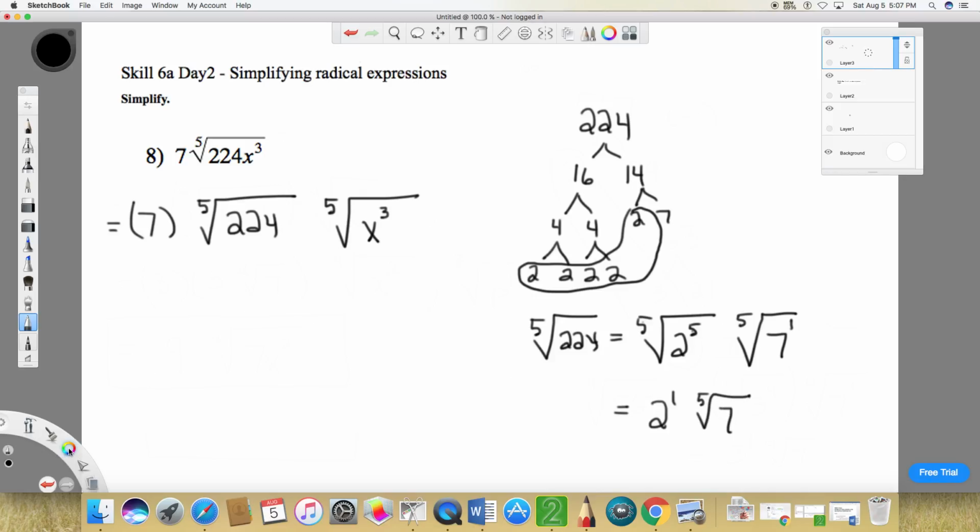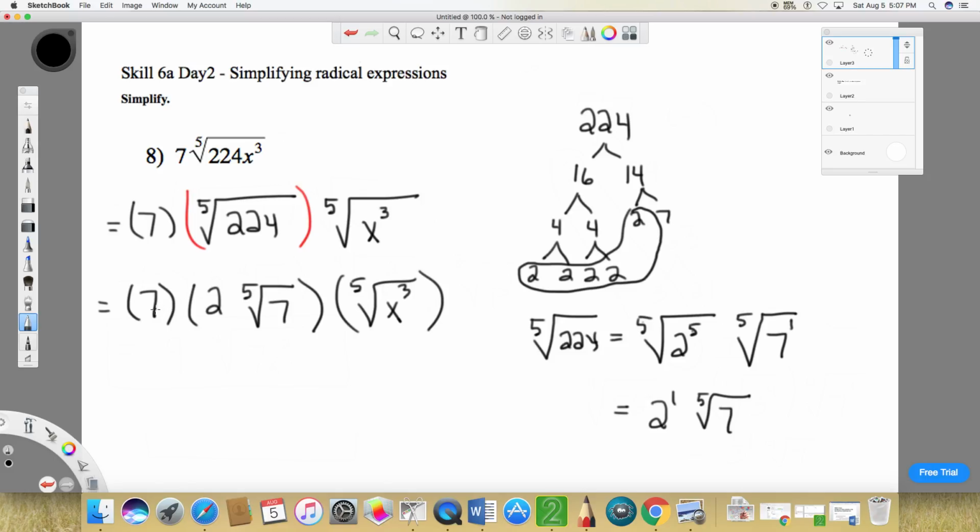So when we come back to our problem over here, we know now how to rewrite the 5th root of 224. We've got this 7 that's just coming along for the ride. We know now that the 5th root of 224 is 2 times the 5th root of 7 times the 5th root of x to the 3rd.